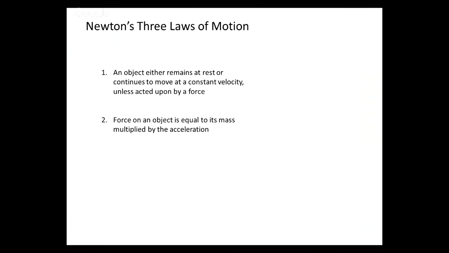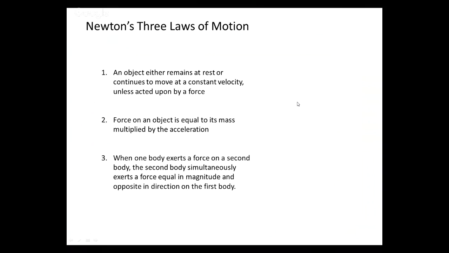But basically, if you've got a coffee mug on a table and you push it across the table, the force that you impart on the coffee mug is directly related to that mug's mass, and that's intuitive, right? If it has a higher mass, you've got to push harder. If it's got a lower mass, you don't have to push as hard. So the heavier something weighs, the more force you have to impart on it for it to actually do something.